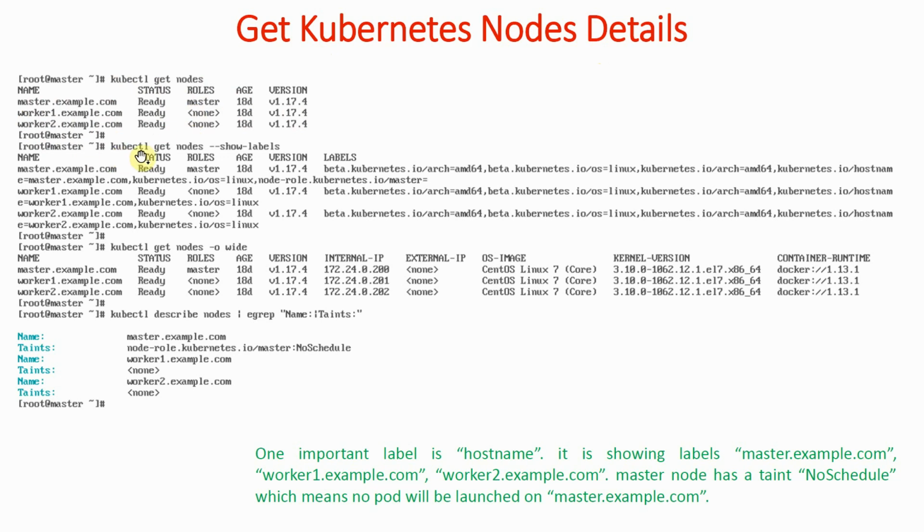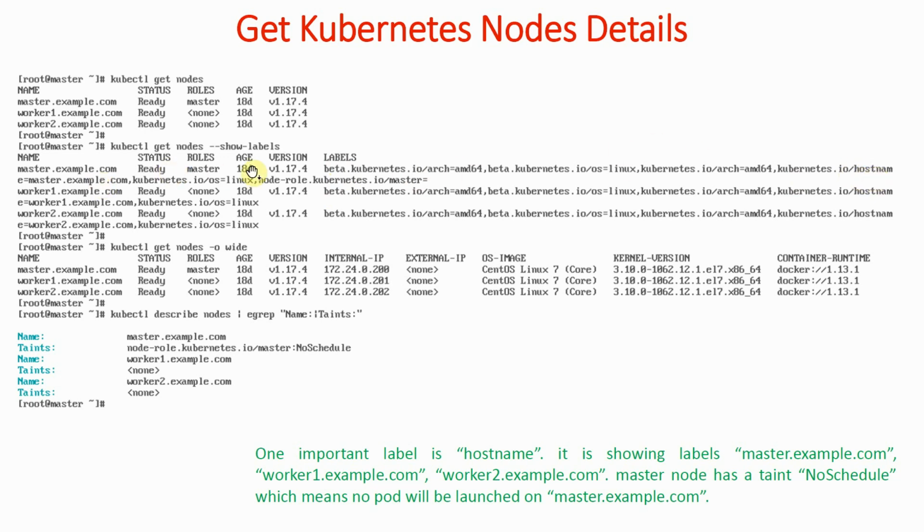So for that, we are going to run kubectl get nodes, and we are specifying --show-labels. So what will happen? It is going to give you the details, plus it is going to give you the labels there. One of the most important labels is the host name.